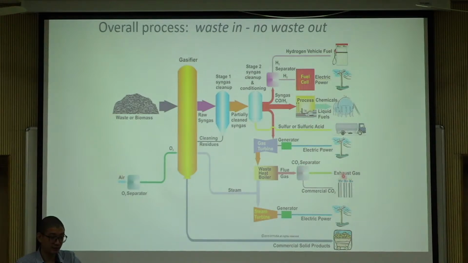We can have some exhaust gas, or the CO2 can be stored for commercial purposes. Then it goes through the steam turbine and generators to produce electricity. So this is a very typical gasification process, where the main aim might be to produce hydrogen, but other byproducts can be used in different applications.